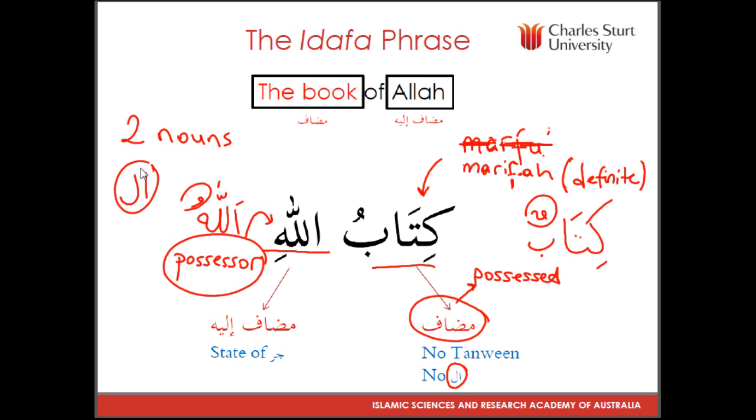When you say Kitabullahi, Kitab is already definite. You don't need to add al. It is not any kitab, it is not any book. It is already definite by position, so we shouldn't add al.